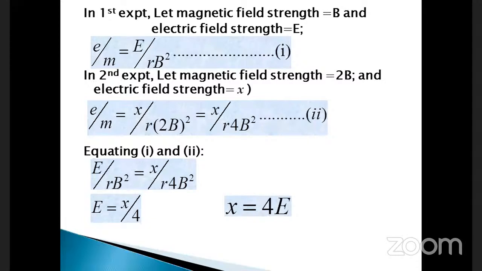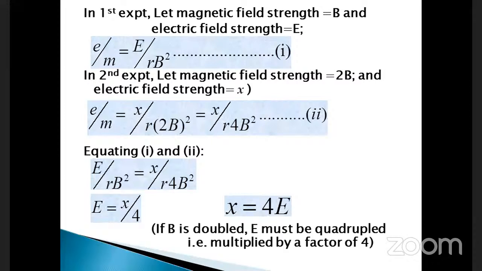That's the electric field strength will be 4 times E. Remember, E in this case is what you have for the first experiment. So to answer the question, if B is doubled, E must be quadrupled, that is multiplied by a factor of 4.